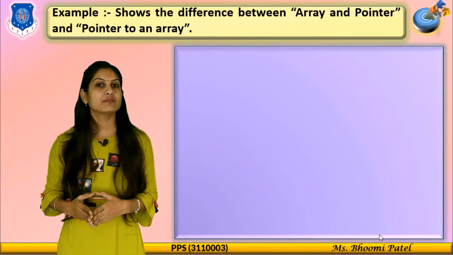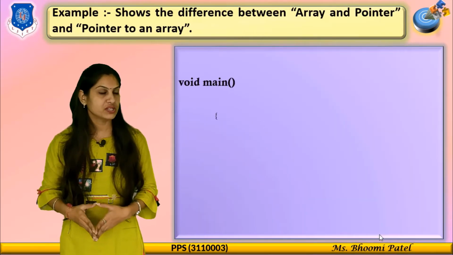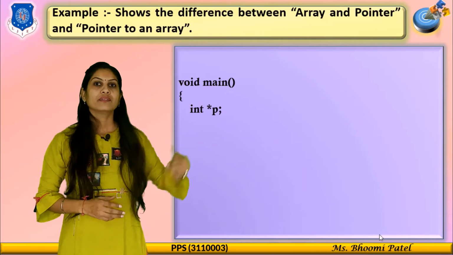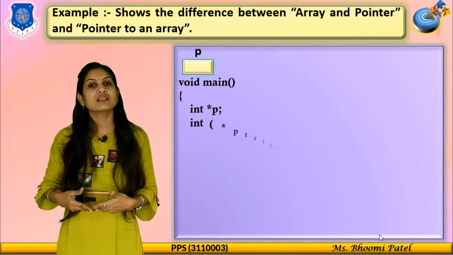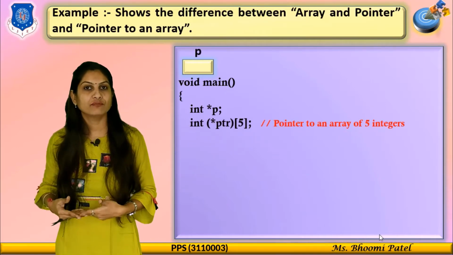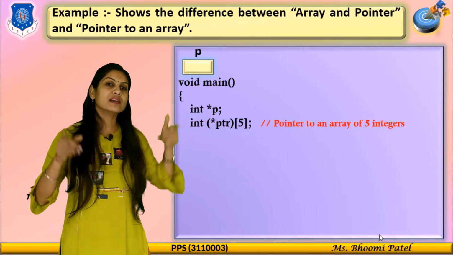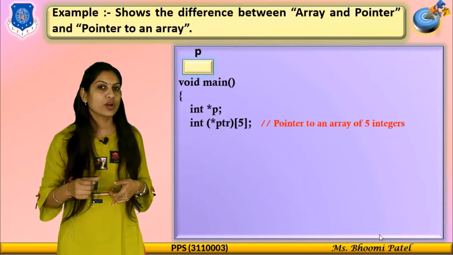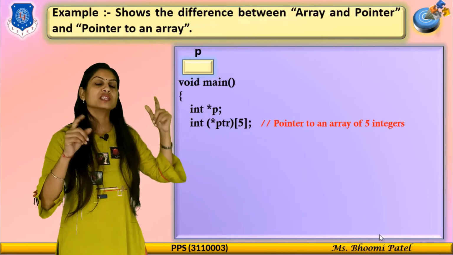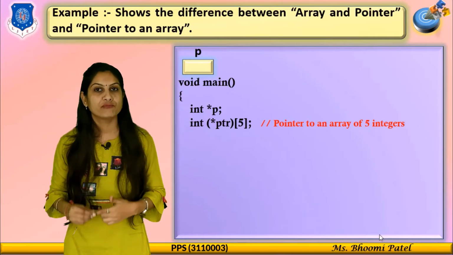So here first I am taking the declaration of one pointer, int *p, then the second pointer, which is nothing but the pointer to array, and for that we are using the same syntax: int, inside round brackets we put the name of the pointer, that is *ptr, and square brackets having size 5.